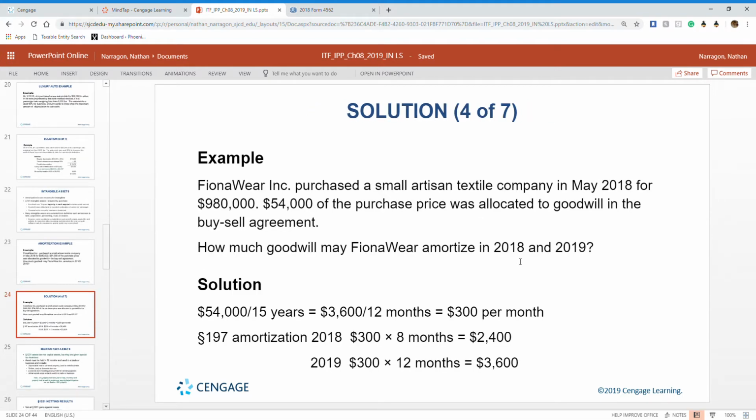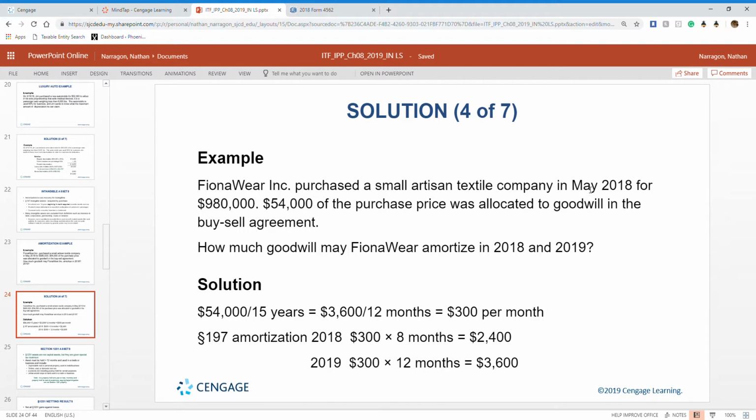Well, amortizing is basically this. We take the $54,000 divided by its useful life, which is 15 years, and that makes it $3,600 per full year.